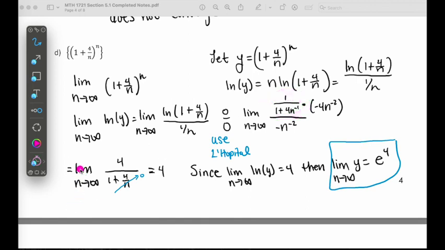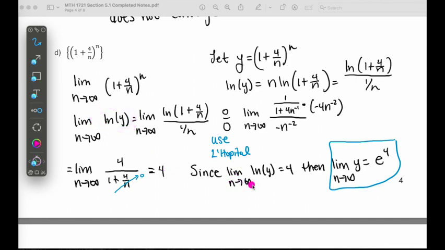So now I take the limit as n approaches infinity of this simplified version. And as n approaches infinity, this fraction is going to get closer and closer to 0, which means I'm left with 4 over 1. So I'm going to get that the limit of the natural log of y is equal to 4.